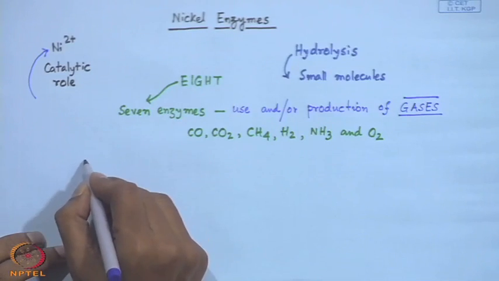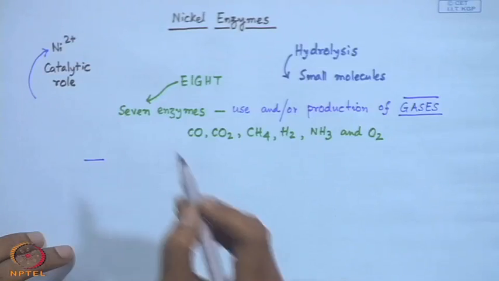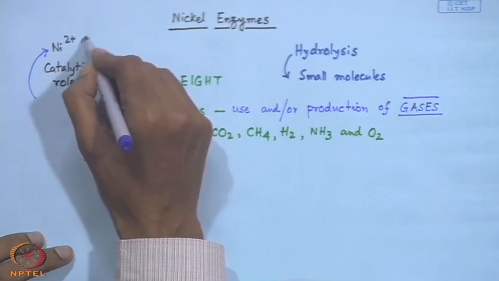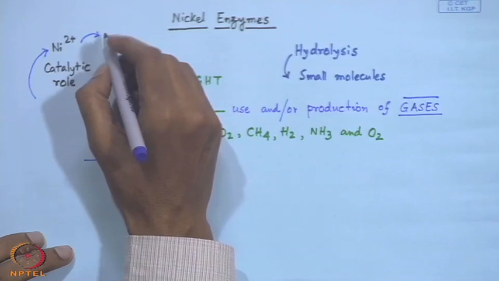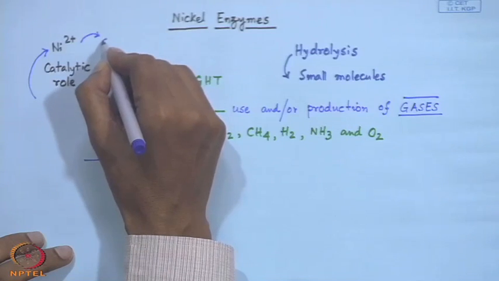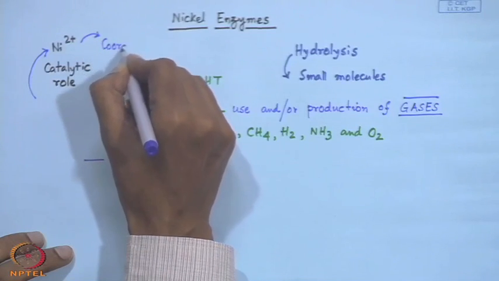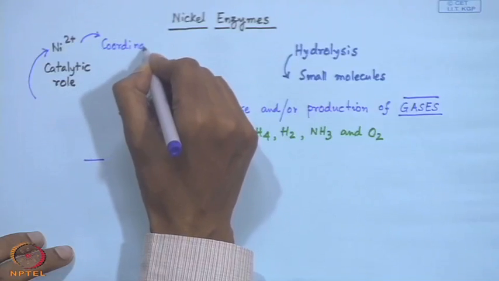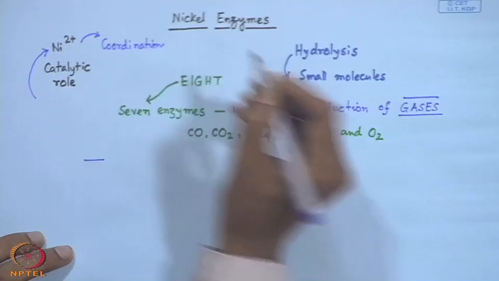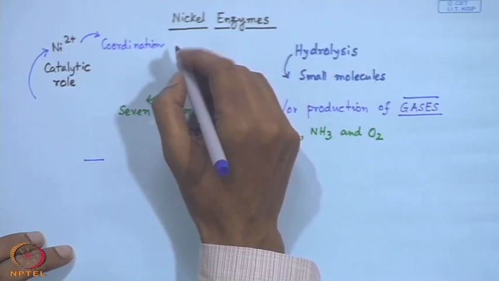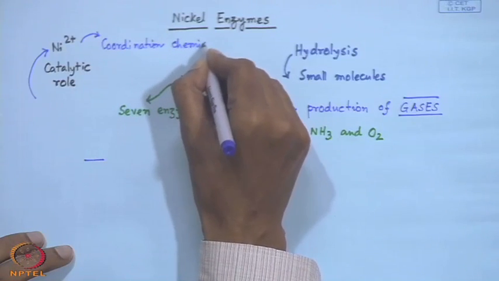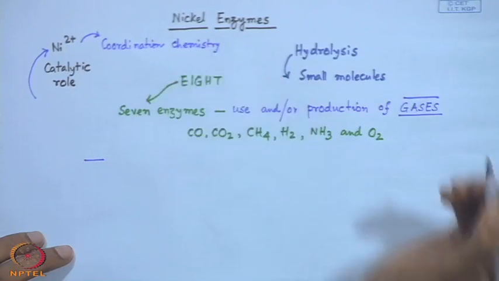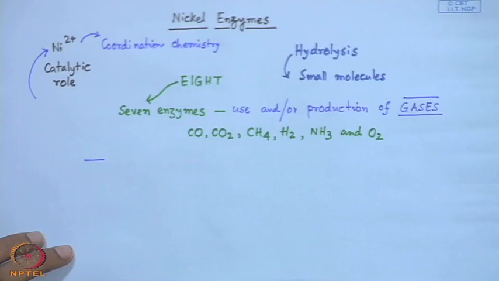So, ultimately, knowing very good information about nickel related to its coordination chemistry matters. Most of the time, to explain all these reactions, we take the help of the coordination chemistry related to nickel 2+.